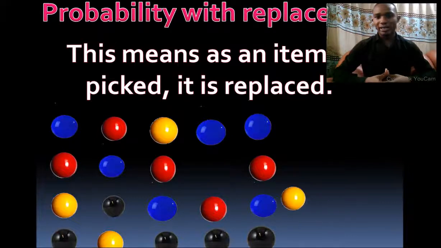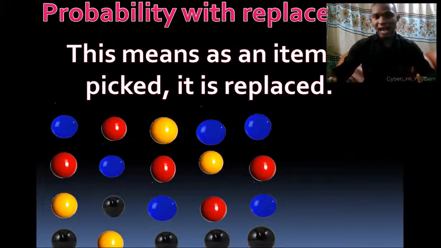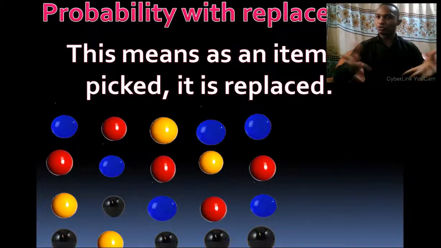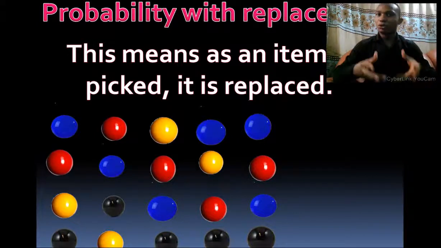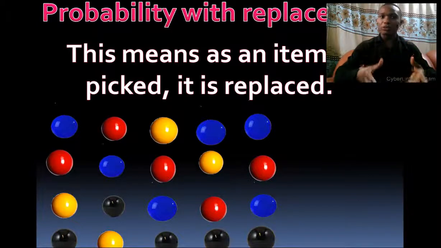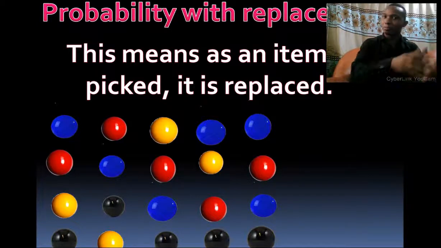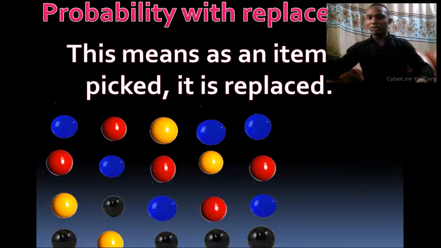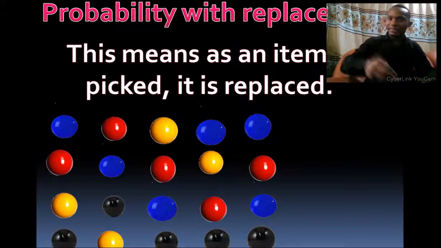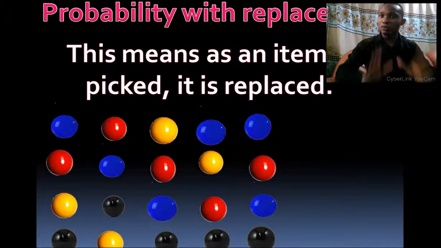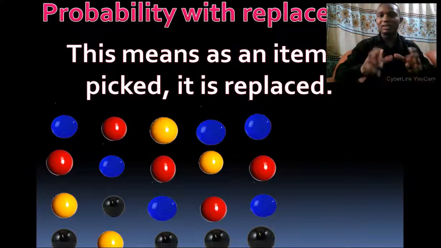The yellow ball was taken out and replaced, and the total number of balls still remains the same. Also the red ball was picked out and replaced. In theoretical probability with replacement, when you pick out a ball and replace it, the total number of balls remains the same.